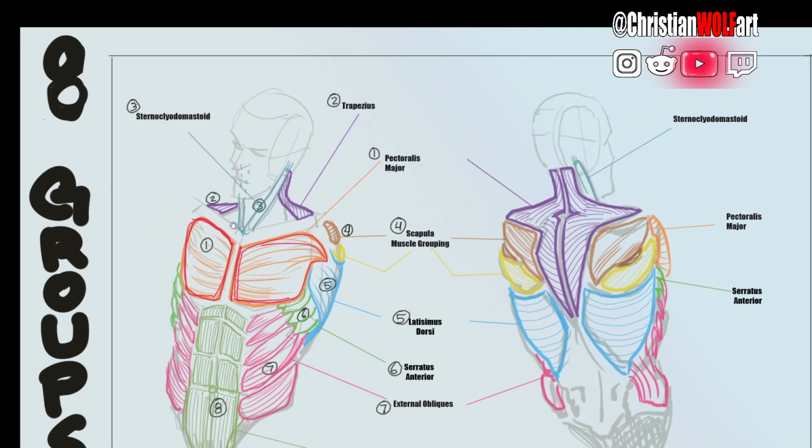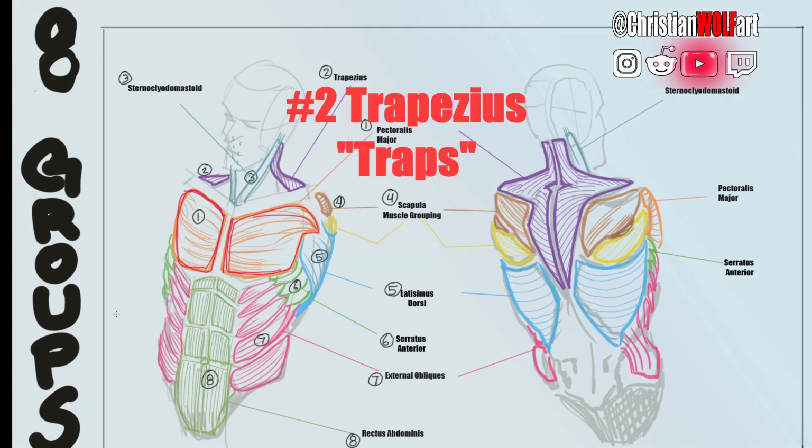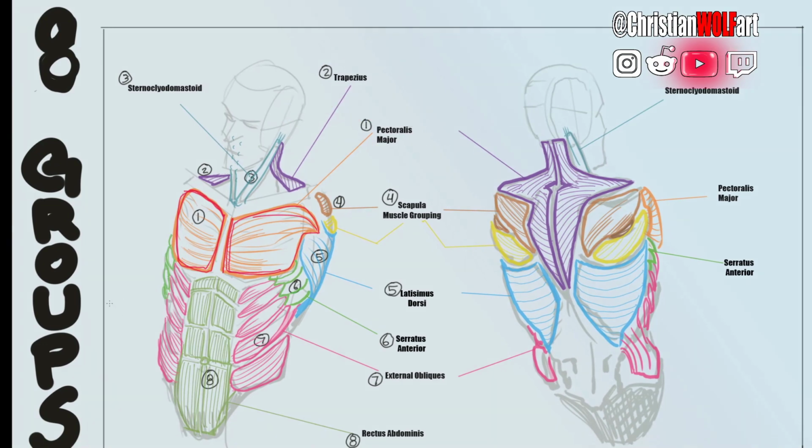All right, so let's look at number 2 here, which would be the trapezius muscles. Those are your traps, is our slang for it. And the traps, if we look from behind here, we can see they ride up. There's 2 groups of trapezius muscles. They ride up your spine and into the back of your cranium, where your cranium meets your final spinal column there.